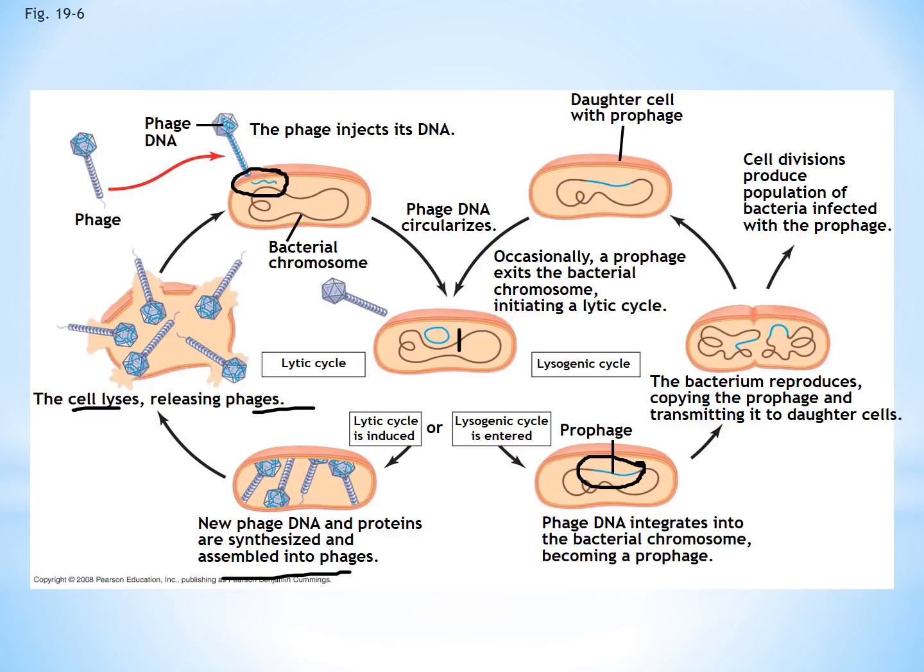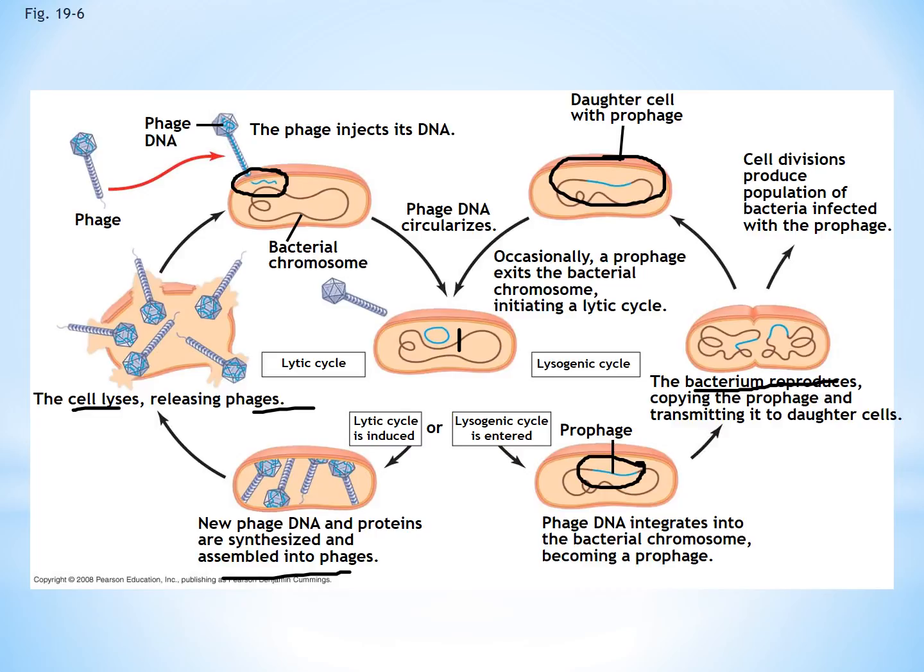And so every time that that bacteria reproduces and makes another copy of the bacteria, that virus is part of that host genome. And so it's going to continuously make copies of the viral DNA until some type of environmental stimulus happens. So if you remember back to when we talked about the herpes virus and HIV, these two viruses do this exact same thing.